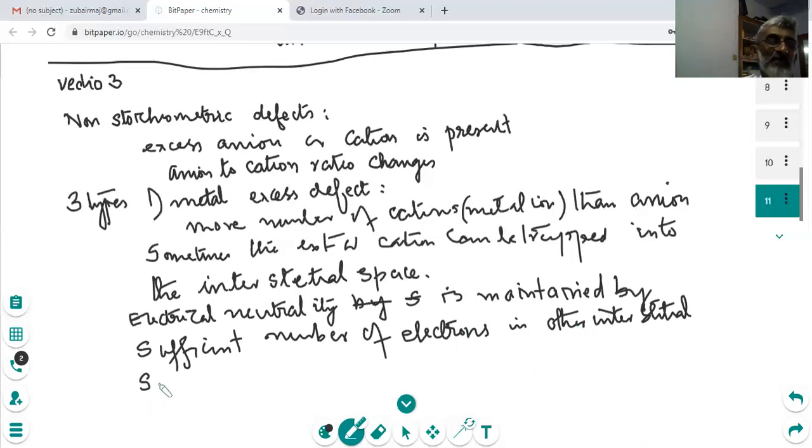Free electrons are moving in other sites, which maintain the neutrality.